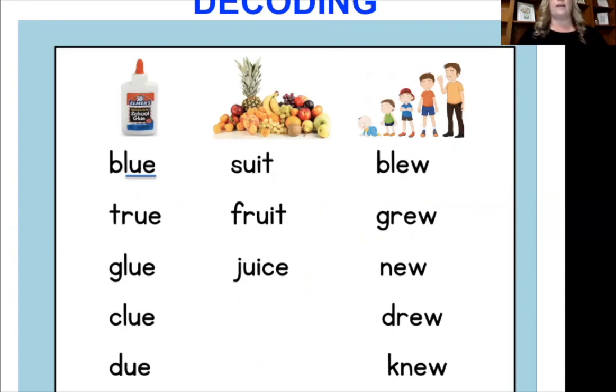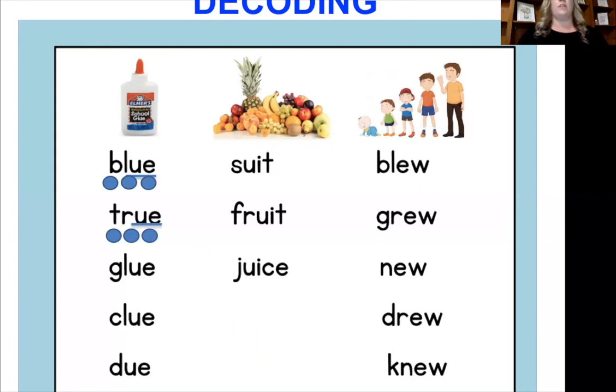Now let's go back and decode the whole word by making all of the sounds. B, l, oo, blue. That word is blue. This is the adjective blue, like the color. Now let's read the rest of these words together. Identify the vowel team, U-E, oo, t, r, oo, true.